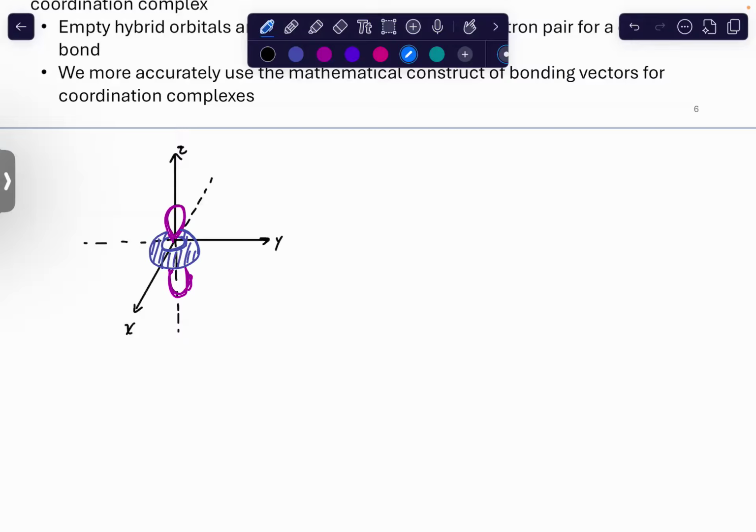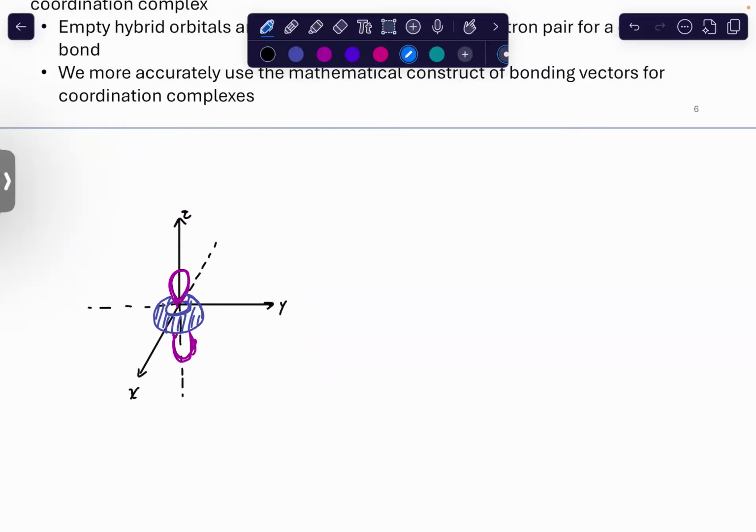Now, what's going to happen in your crystal fields, you can change that back and forth, crystal field, ligand field. So now let's say we're going to represent ligands as point charges, and they're going to have bonding vectors coming in. And in this case, you see that we're talking about an octahedral complex.